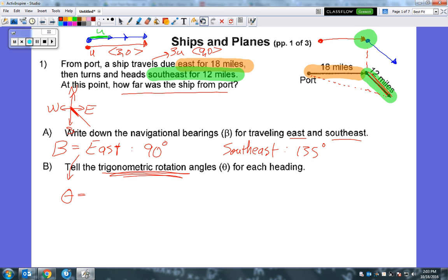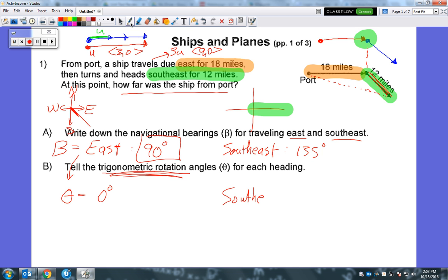Okay, just like it is as far as bearings is located, which is 90 degrees. That's bearings. What's the trigonometric rotational angle that is equal to? 0. So you're going to put 0 degrees. Yes, if you put 2 pi or if you put 360, it's still the same. But just put 0.